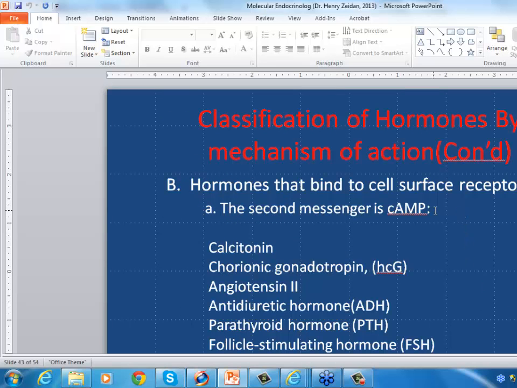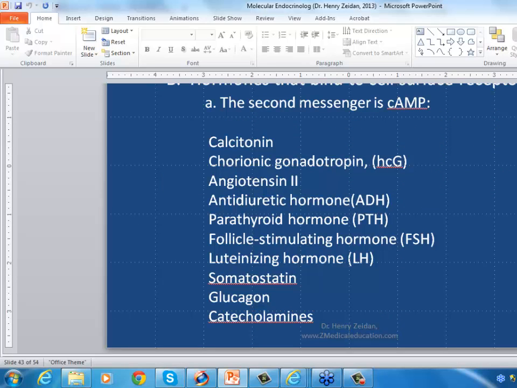Those that bind to the cell surface receptor: angiotensin 2, chorionic gonadotropin, calcitonin, antidiuretic hormone, ADH, PTH, parathyroid hormone, follicle stimulating hormone, somatostatin, catecholamine, glucagon. So you can see the nature of all of those is polypeptides, short polypeptides.